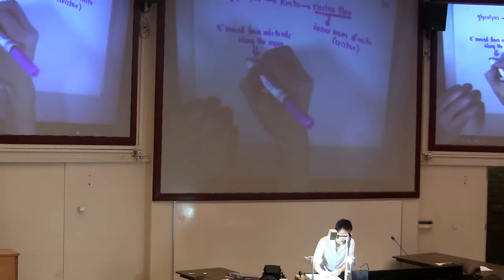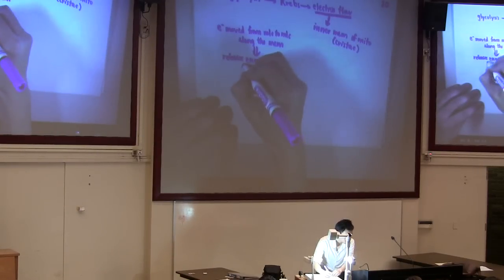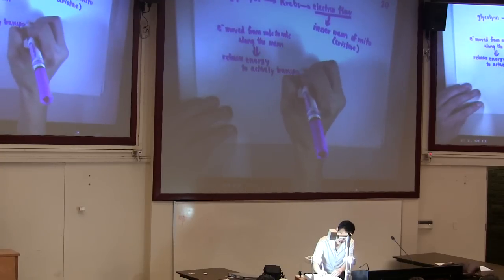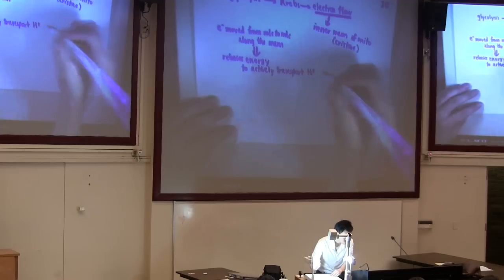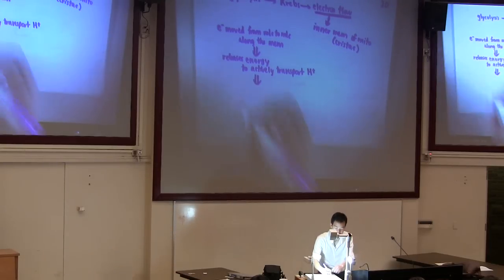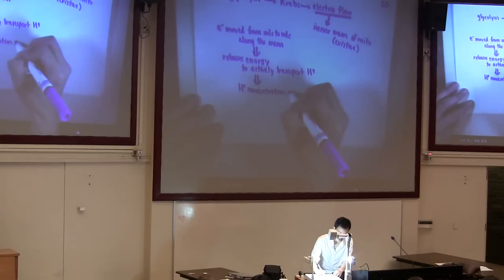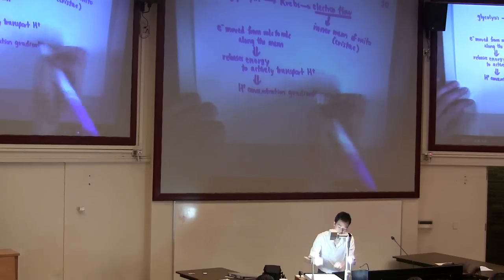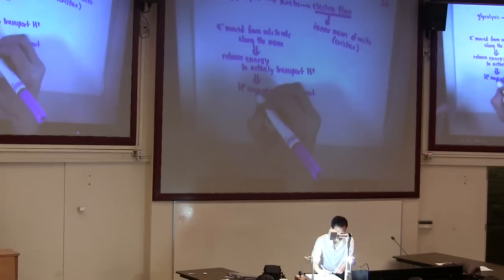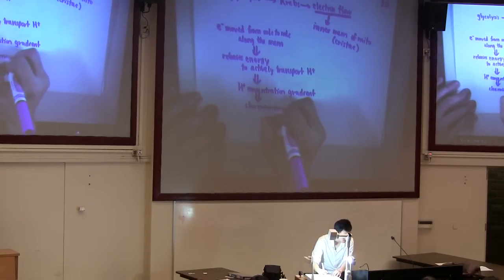This releases energy to actively transport hydrogen ions across the membrane, and that produces what? A hydrogen concentration gradient. And that hydrogen concentration gradient will power what? Chemiosmosis, the same as in photosynthesis.